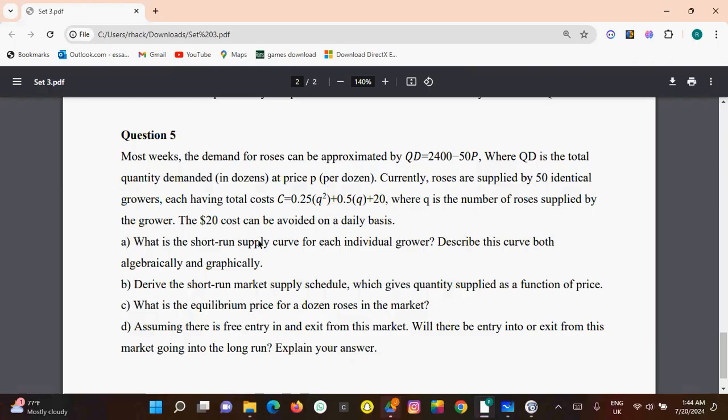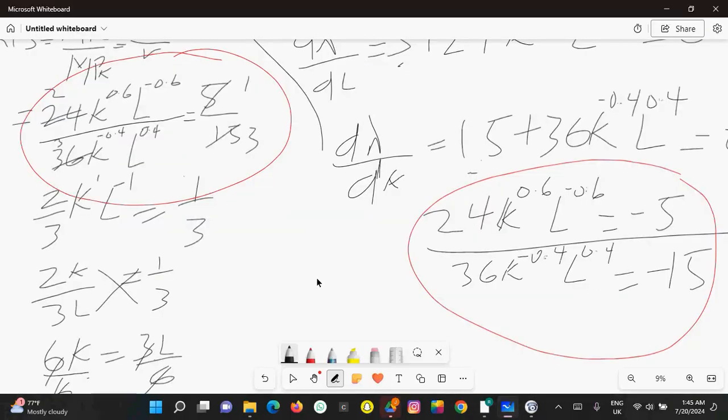Remember, in a perfect competition market, the producer will supply only when MC is equal to MR, which is the same as MC equal to P. So let's enter into this. We just did this in the previous video.